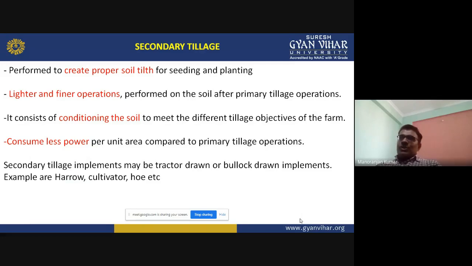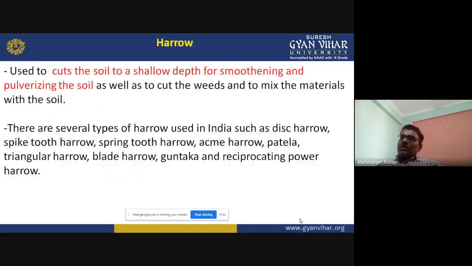These equipment can be tractor drawn implements or bullock drawn implements. But nowadays, mainly tractor drawn implements are available. Now the harrow. Harrow is a secondary tillage implement.